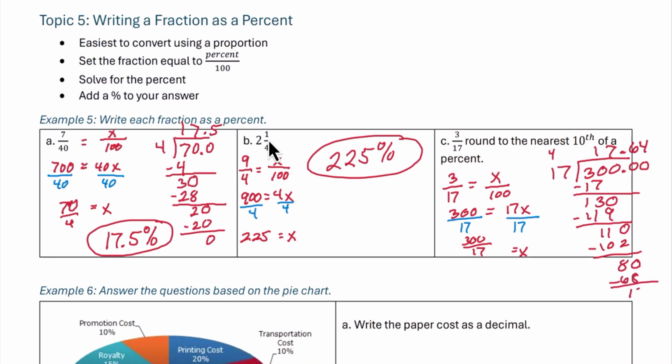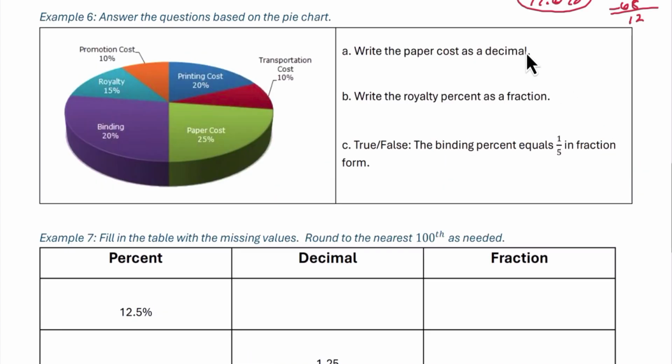Subtract and we get 12. And we can stop right here. We're asked to round to the nearest tenth of a percent. We needed the 4 to know where to round. Since 6 is the rounding digit, we look to the right and we have a 4. That means we round down. So we're looking at 17.6. Sorry, we're out of space here. And we just need to add on that percent sign.